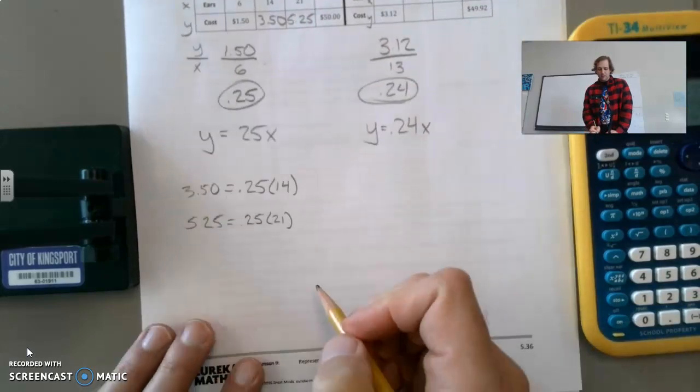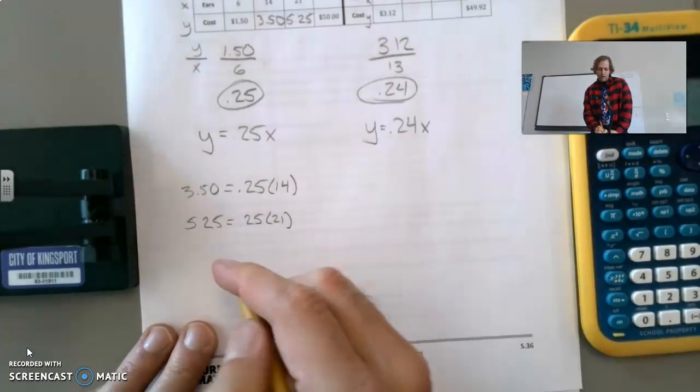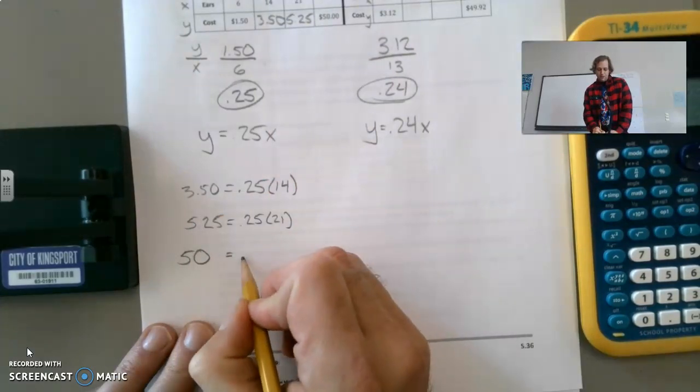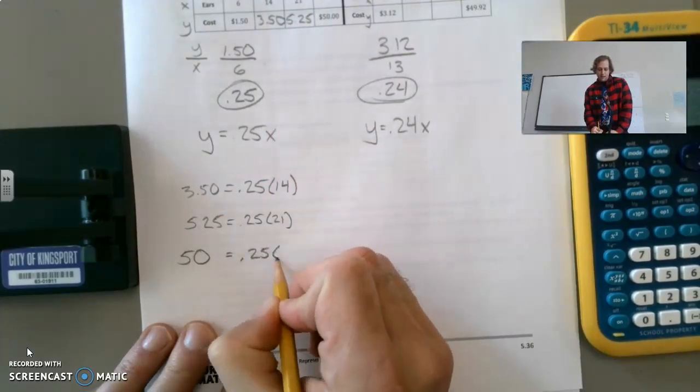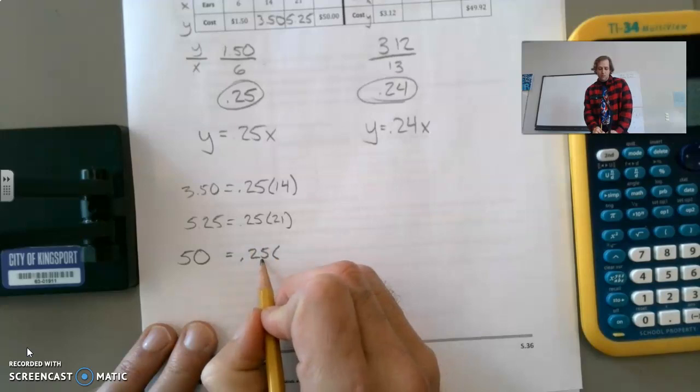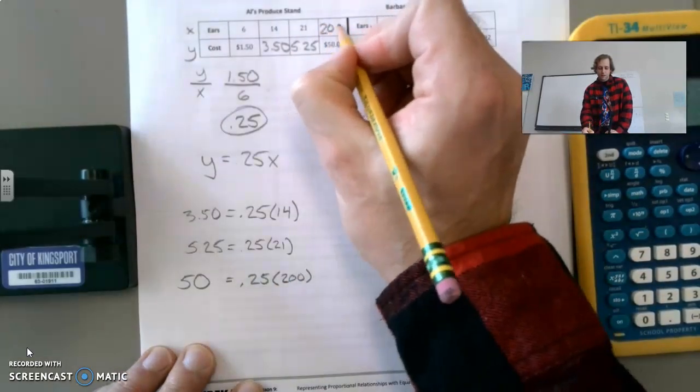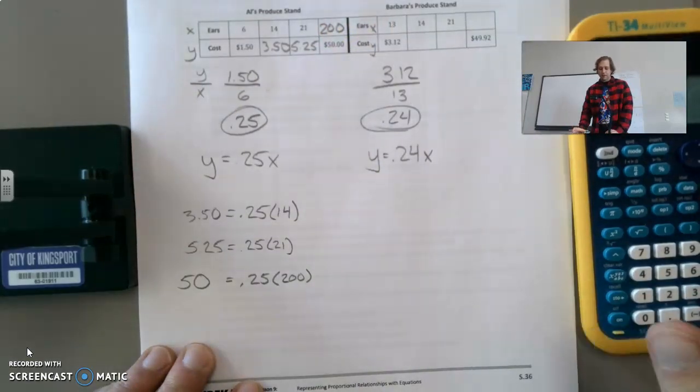Now I have $50 as my Y variable, and that's equal to 25 cents times x. That's 1/4, so 1/4 of 200 would be 50. So I'd be able to get 200 ears of corn for $50.